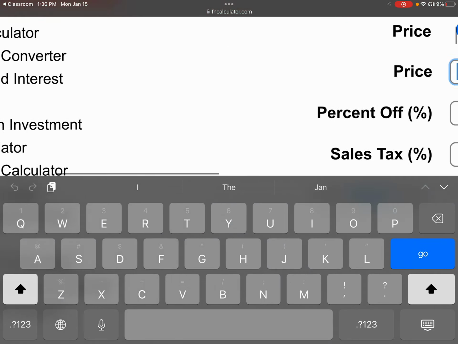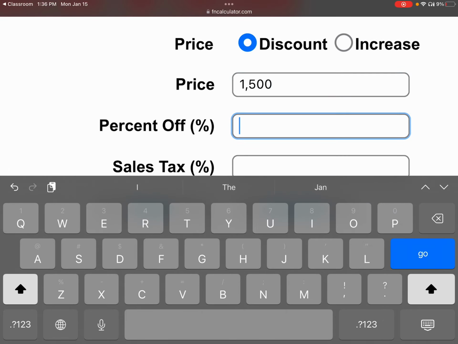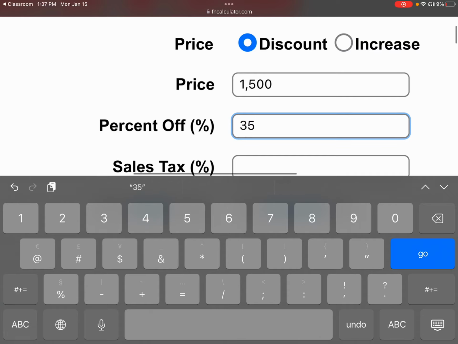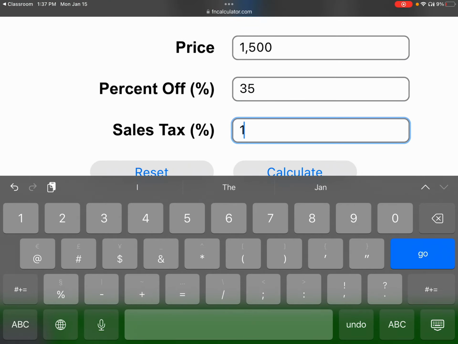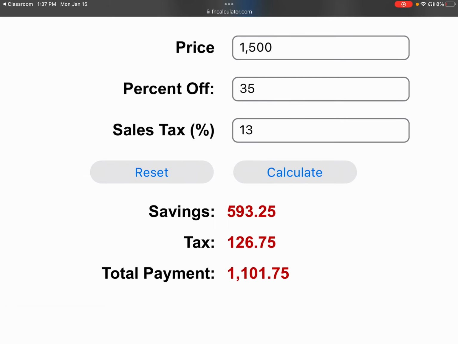There you go. So for the price, we know that it was 1,500. The percentage off was 35%. Sales tax, remember, is 13%. So we then calculate this. So after our price after discount being 900 and I believe 59, we do not have to put that again separately.